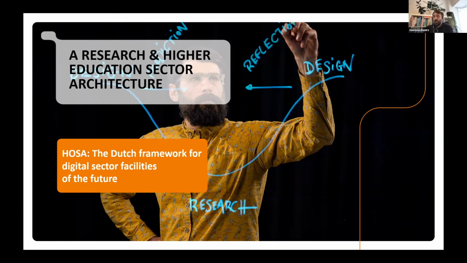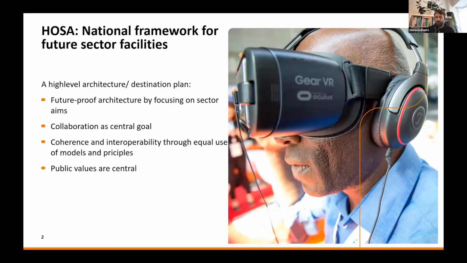Well, let's see. So I'm Menno Shears. I've been working for 15 years at a university in Amsterdam until April this year. And now I work as a lead architect at the national organization SURF. And the universities in the Netherlands ask for a more coherent and future-proof national landscape. And my story might have a somewhat bigger scope. So, at the university, I started together with the other universities to develop HOSA.